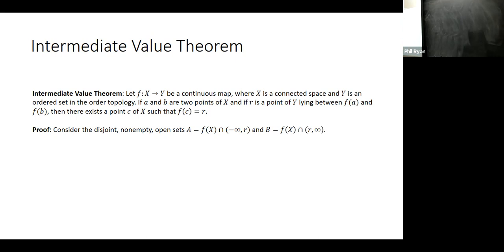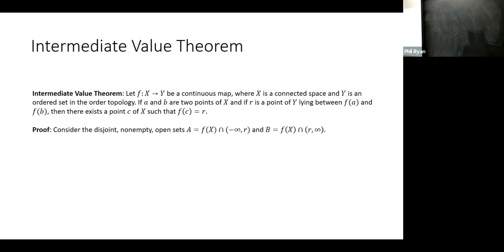We take the image of X intersected with negative infinity to R, and F of X intersected with R to infinity. So remember, this doesn't necessarily have to be real numbers. We just use this as notation for rays in the ordered set. It just needs all the elements less than R.